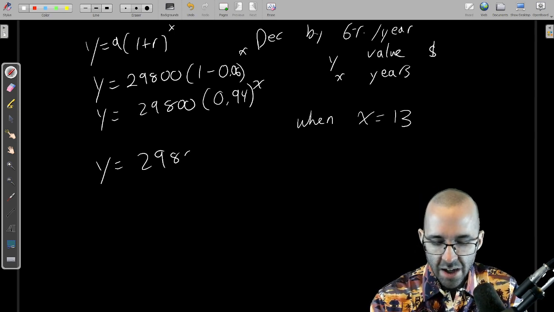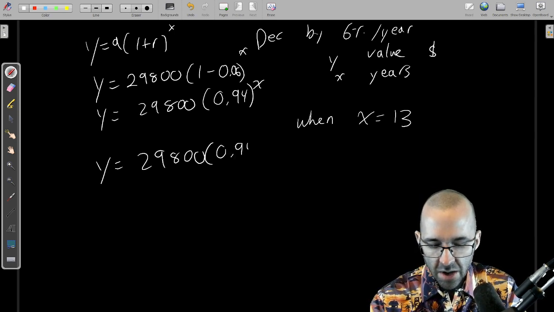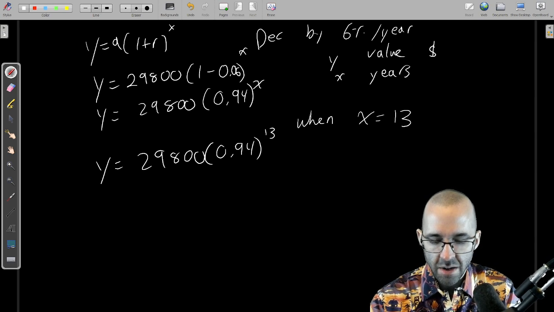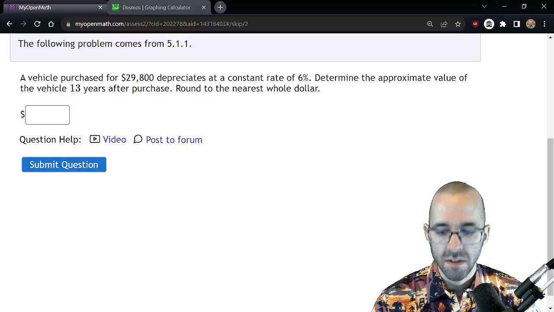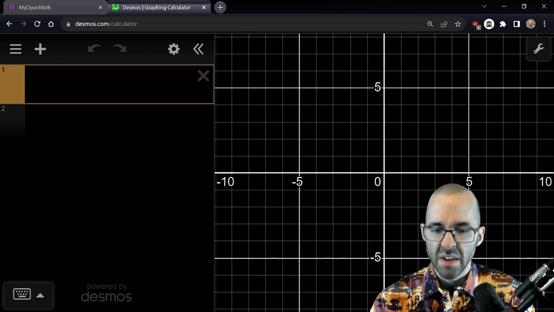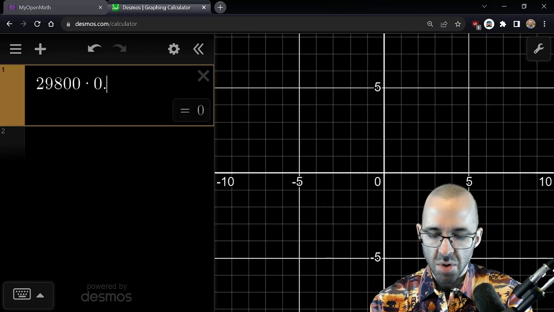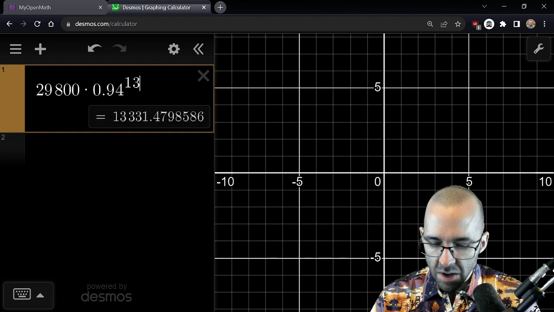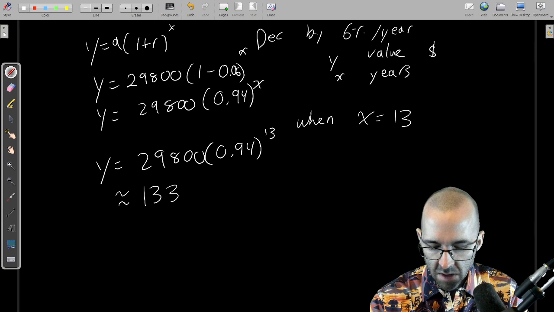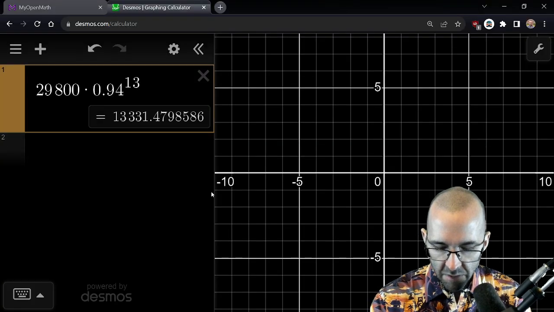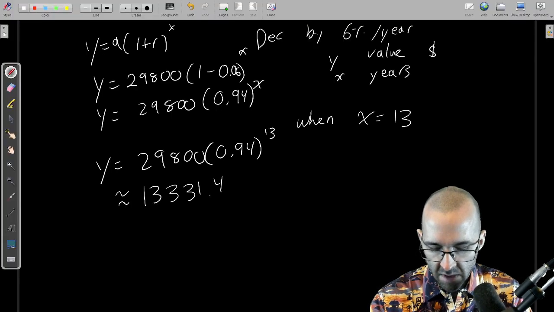The y will be 29,800 times 0.94 raised to the 13th power. And now we'll have to use a calculator here. 29,800 times 0.94 raised to the 13th power. 13,331.4799.